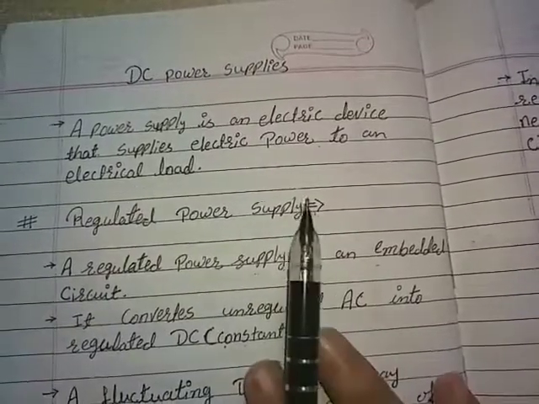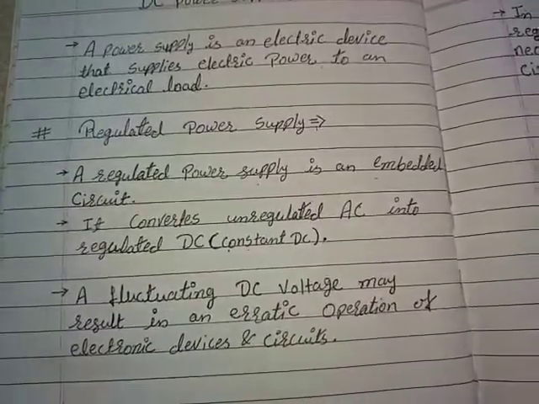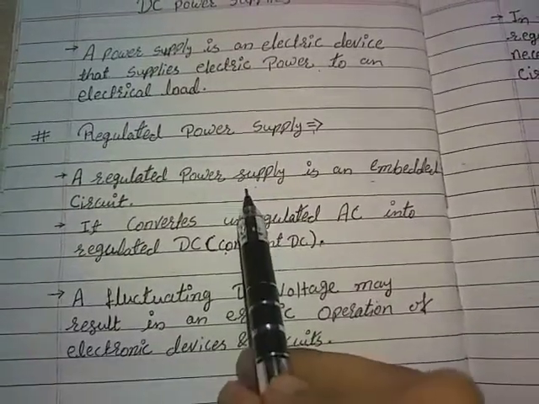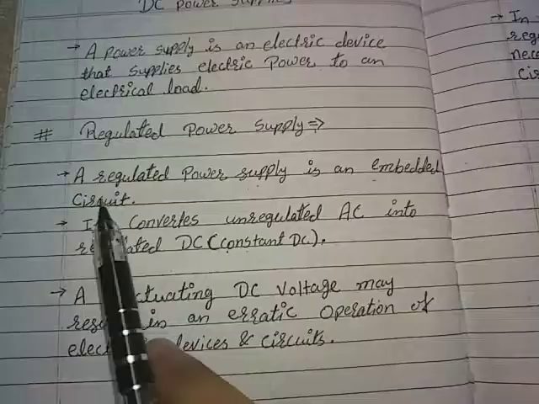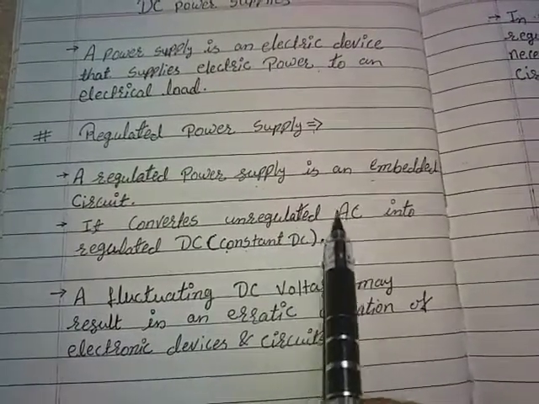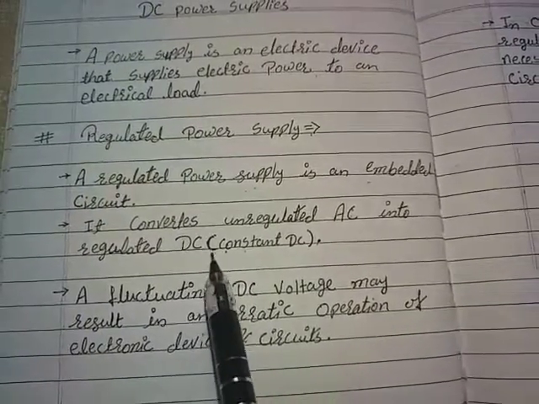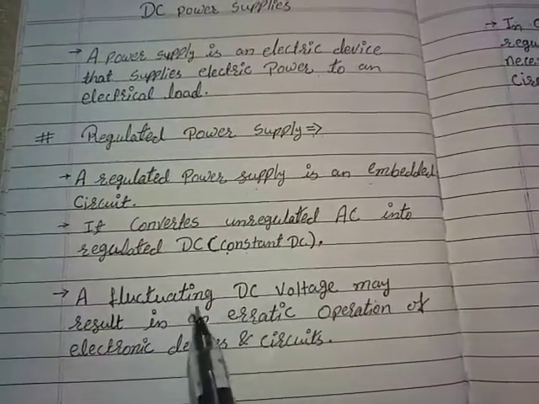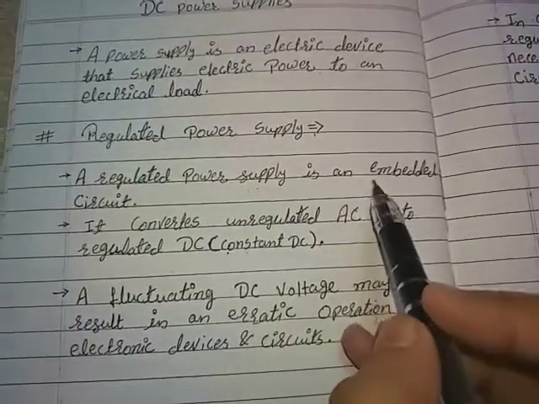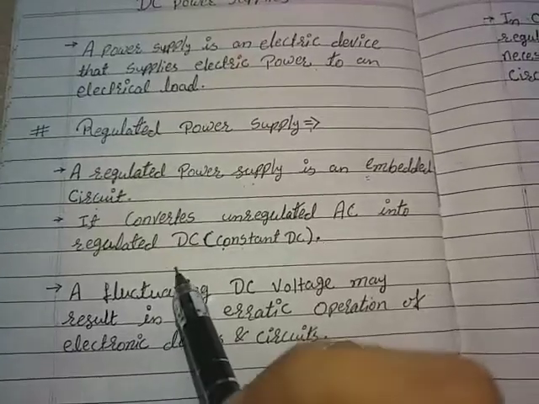Understand? Now what is a regulated power supply? A regulated power supply is an embedded circuit which converts unregulated AC into regulated DC, or we can say constant DC. Now a word came, embedded circuit. What is an embedded circuit?